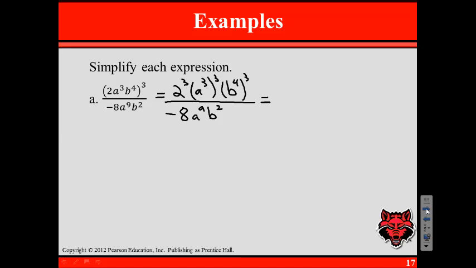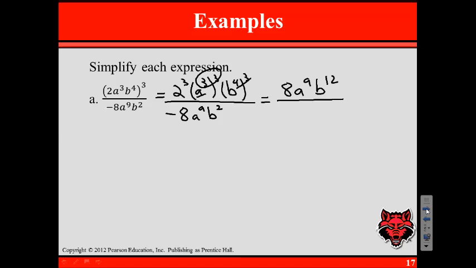As we continue to simplify, and we'll deal mostly with the numerator first, 2 to the third power is 8. A has multiple exponents, so we multiply, that's a to the 9th. B has multiple exponents, that becomes b to the 12th because we multiply again.